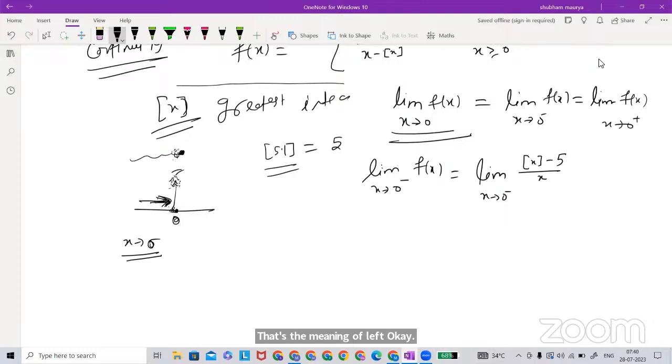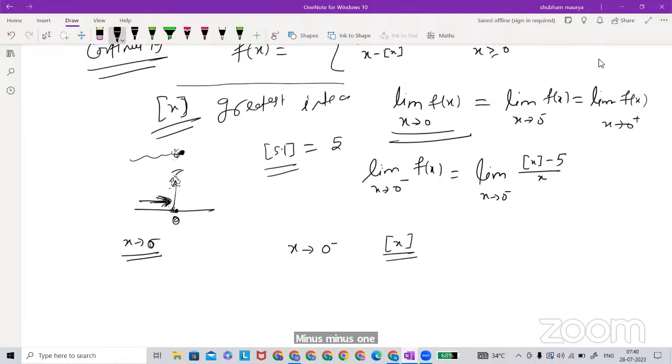So let's do it here. We have x approaching 0 from the negative side. What is the greatest integer value? It is -1. Why? Can anyone tell me why?